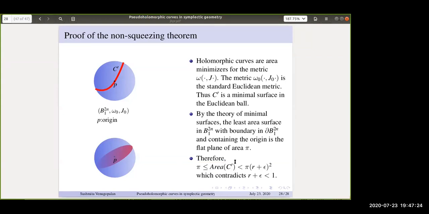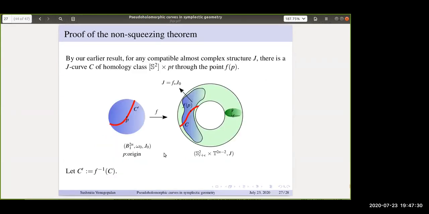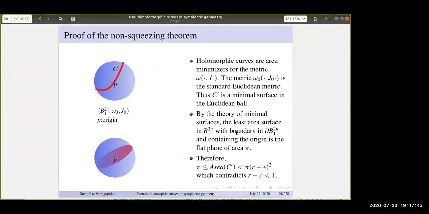But if we recall how we obtained C prime, C prime is homologous to this S2, which has an area of R plus epsilon. So C cannot have area more than pi times (R plus epsilon) squared. And so we have arrived at a contradiction here.